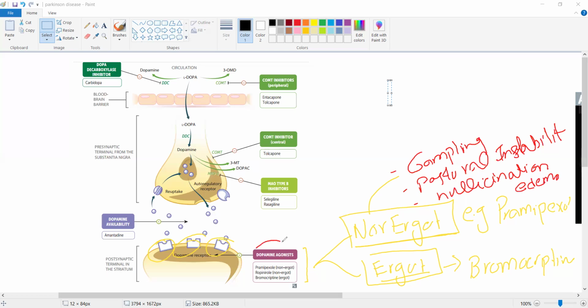So these are dopamine agonists. We divide the dopamine agonist into two types: non-ergot and ergot derivatives, right? Okay.